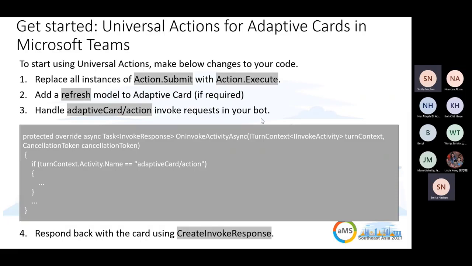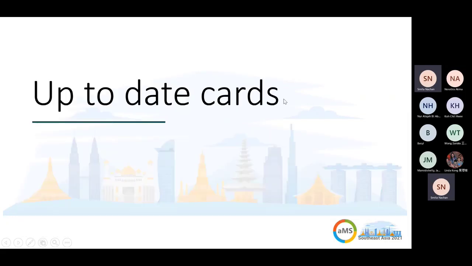All right, so with that, let's see what those up to date cards are. We can now provide the latest information to the users on adaptive cards by including a combination of refresh and message edits in Teams.